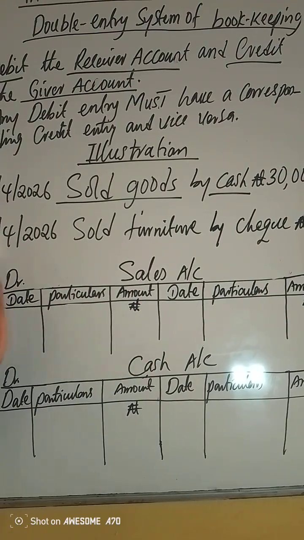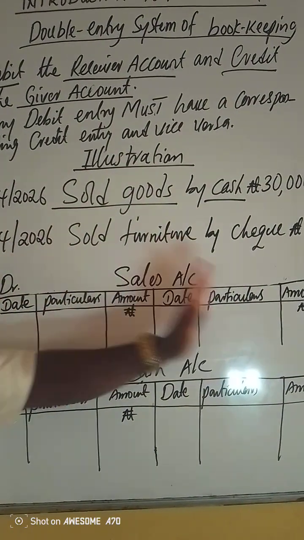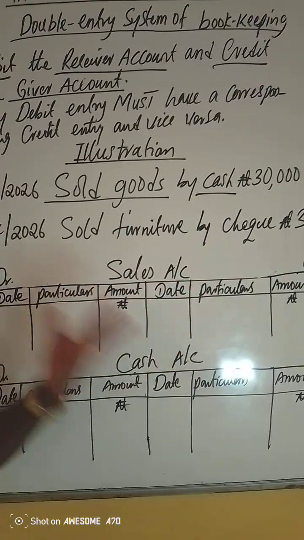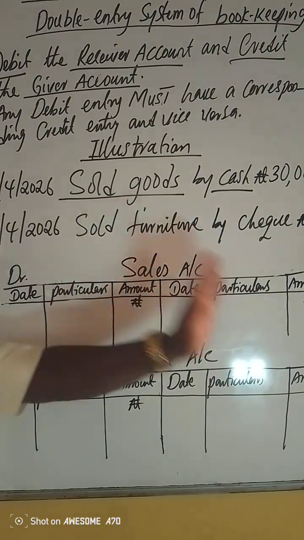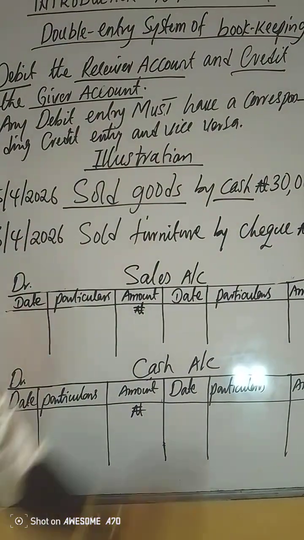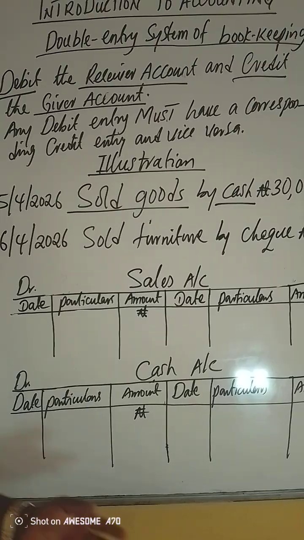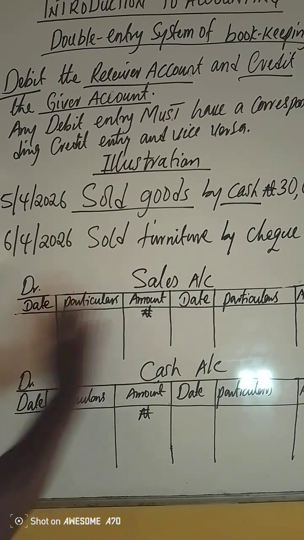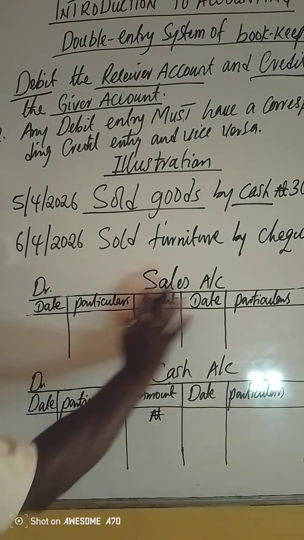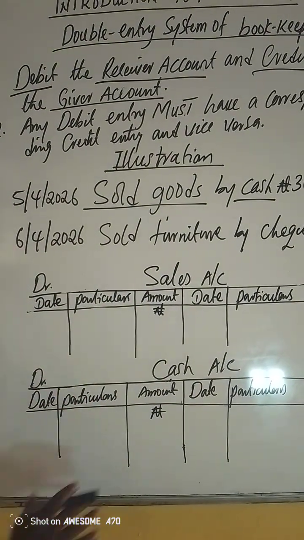Both on the debit side and the credit side, you rule your ledger in the standard way you can see. So anytime I did not put it like that, just note that this is how the ledger is arranged in terms of the headings in all the respective ledgers. In the previous videos these headings were not found, but in this case, I brought them to enable you to know the respective headings that a ledger contains.